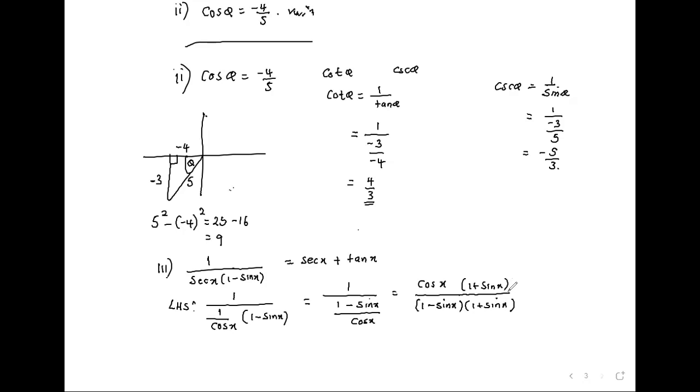That's why we choose to go this way, so that on top we'll have cos x plus cos x sin x, and then we'll divide by 1 minus sine squared.